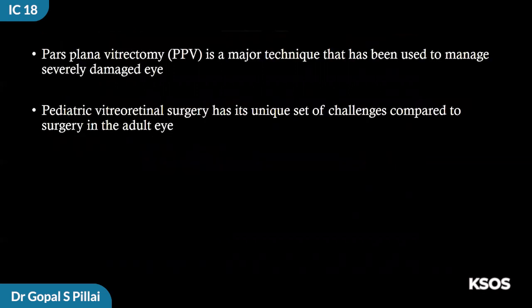Pars plana vitrectomy is a major technique that has been used to manage severely damaged eyes. And pediatric vitreoretinal surgery has its own unique set of challenges compared to adult surgery. The pediatric vitreous is very thick, and the adherence of the pediatric vitreous to the retina is very strong. So inducing a PVD in a child is not as simple as inducing it in an adult.